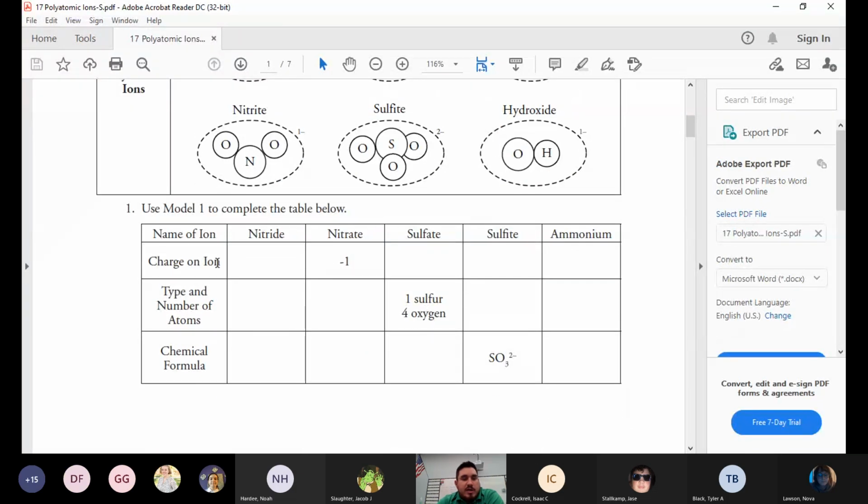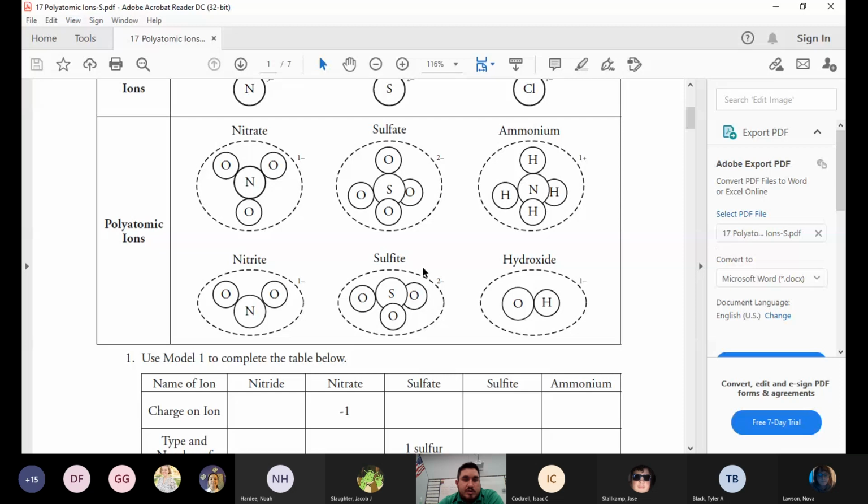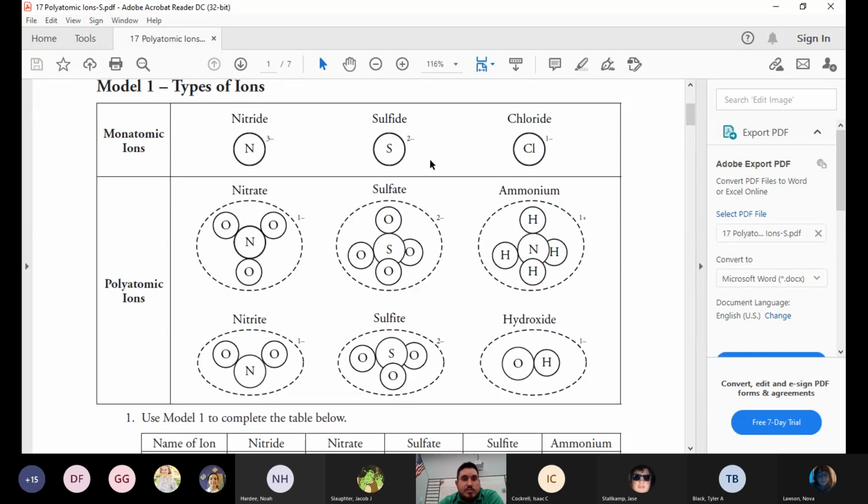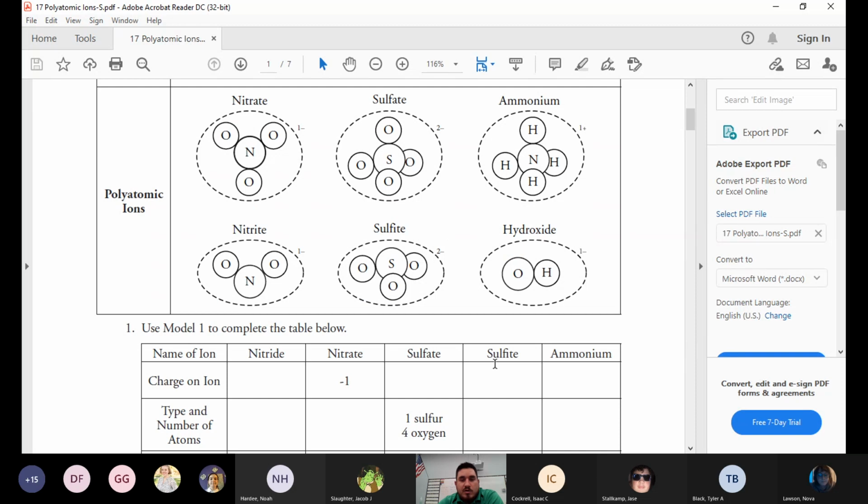All right. So if we were to do this here, you can figure out the charges. Nitride is going to be a -3 charge, which is right up here. Sulfate is going to be a -2 charge, but sulfide is -2 as well. Sulfite, which is this one here, note that they're different.